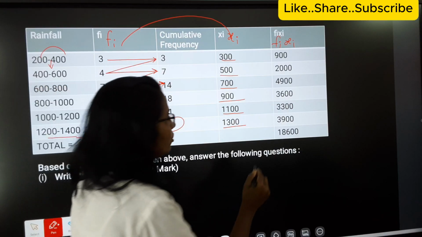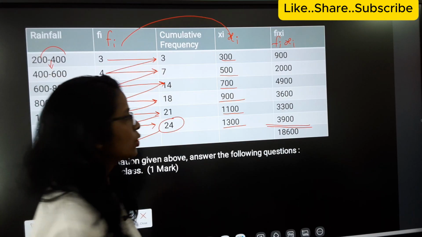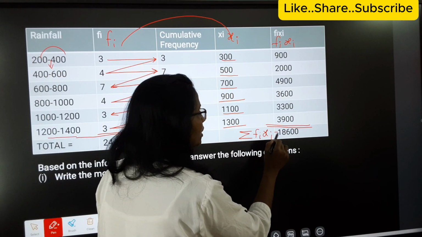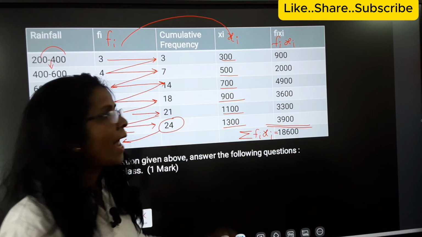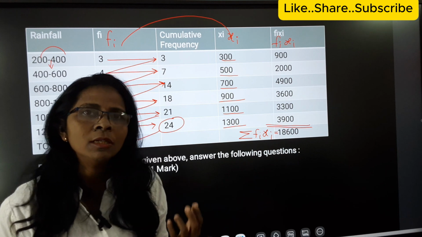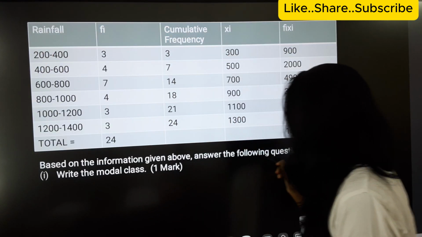And in such a way we have to find the total, that means the summation of Fi xi, which is the addition of these Fi xi. So it will be 18,600.